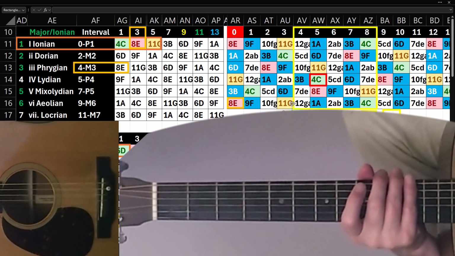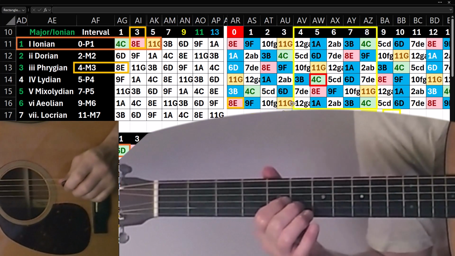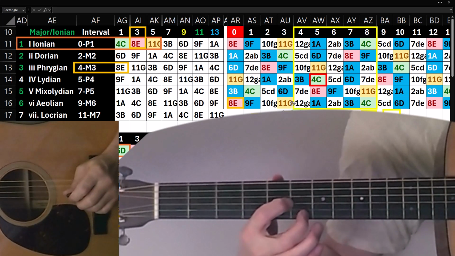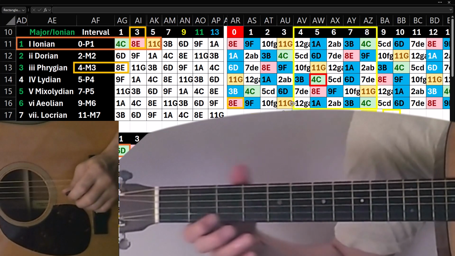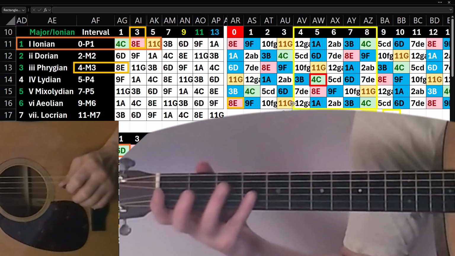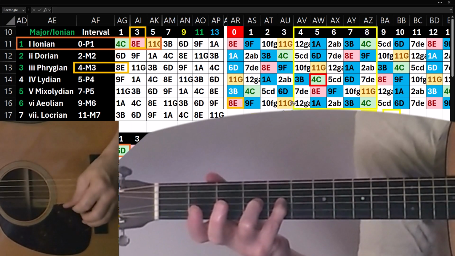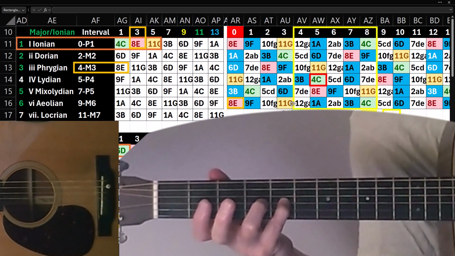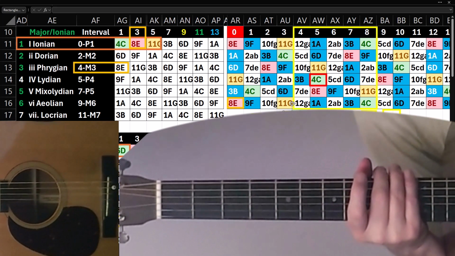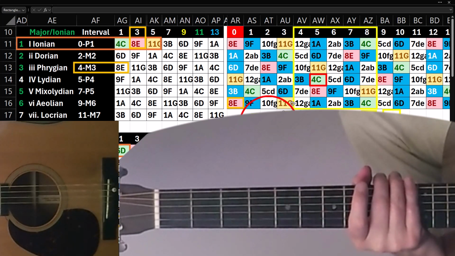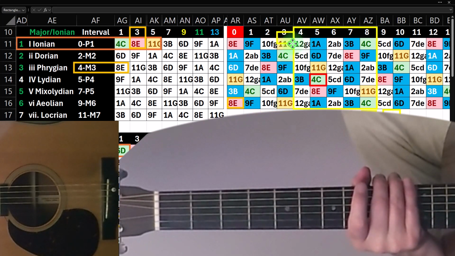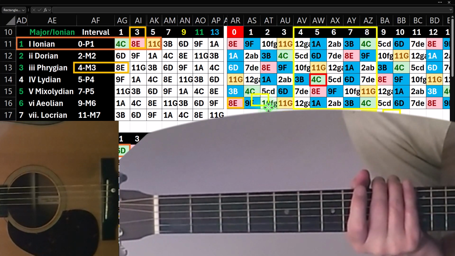So let's count it out this way. If I'm here, it's going to be 5, and then 10, 9, 8, 7, 6, 5, 4. Open E, so C to open E. So that means if I go down 2 strings and cross the fault line, the 4-note away major third is going to be 1, 2, 3, 4, 5 frets back.